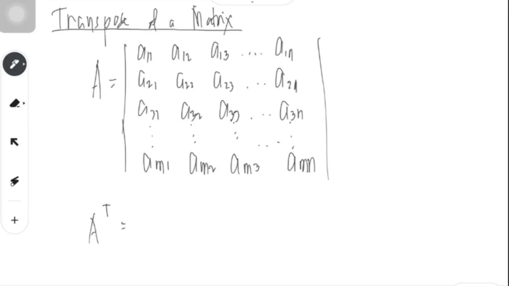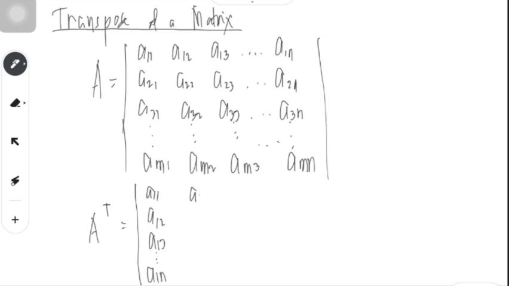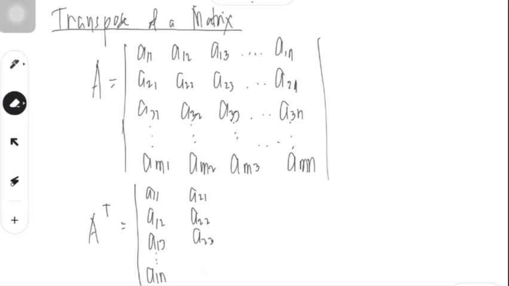Is that clear? So the transpose will become what? A11, all the elements in the first row go to the first column. A12, A13, then we have A1N. Then here we have A21, A22, A23, A2N.